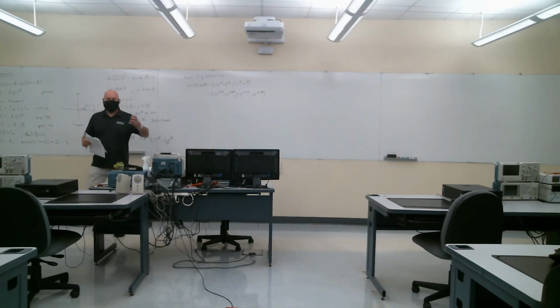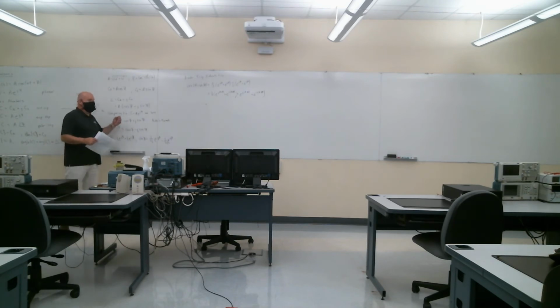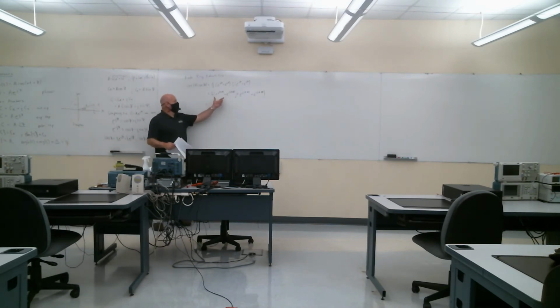is anytime I have something like e to the j theta plus e to the minus j theta, I know that's related to cosine. If I have e to the j theta minus e to the minus j theta, I know that's related to sine. So if I look at this, the first two terms here are actually 2 cosine of a plus b, right?